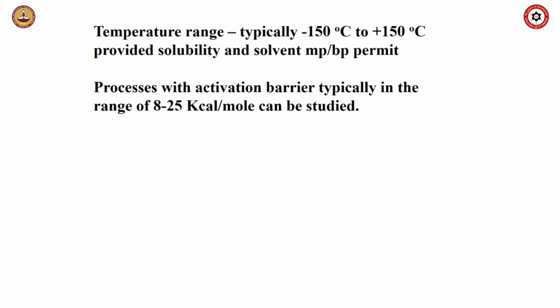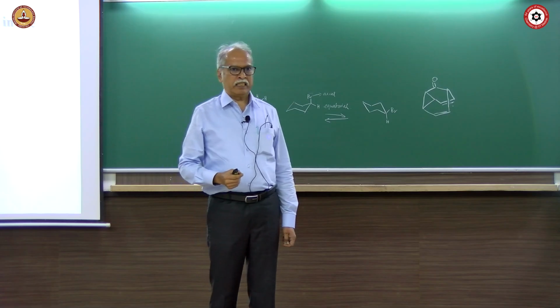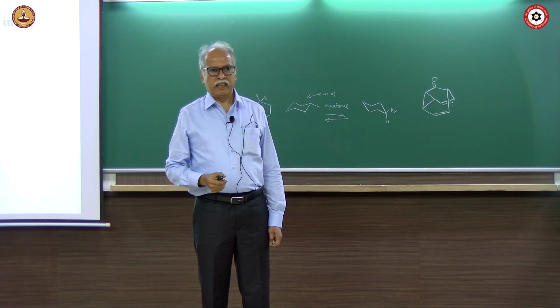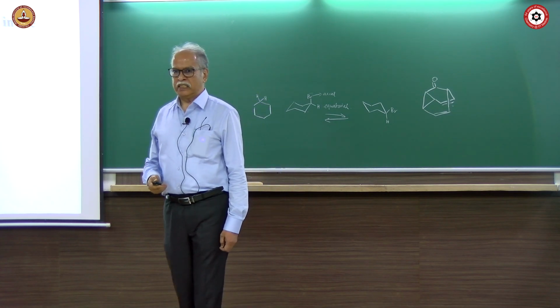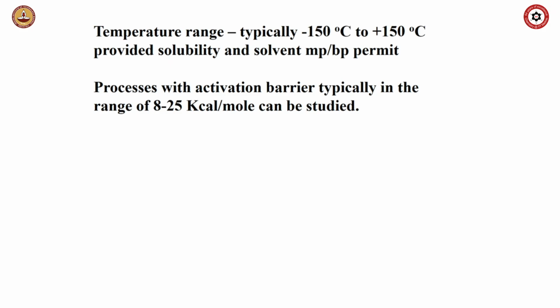The reason we are able to use NMR for dynamic processes depends on two parameters. One is the temperature, the other one is concentration. The dynamic process equilibrium usually is affected by both temperature as well as concentration. If you have control over temperature as well as concentration, then it is easy to do the NMR spectrum.